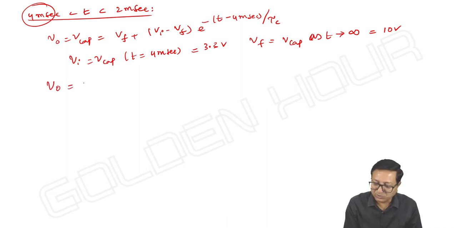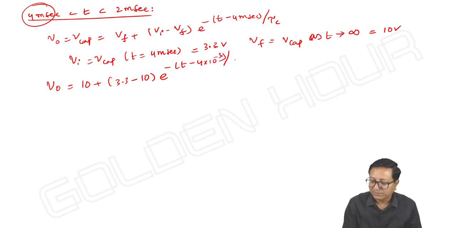So V output is now given by 10 plus (3.3 minus 10) into e power minus (t minus 4 milliseconds) by the time constant, which is 5 milliseconds. Now it is 4 to 6 milliseconds, sorry friends, 4 to 6.